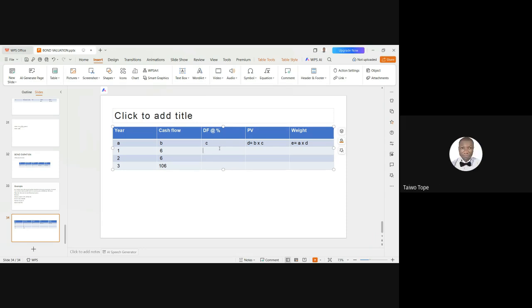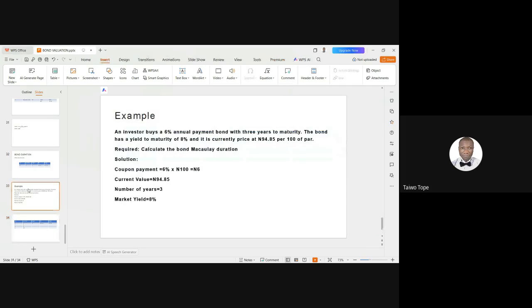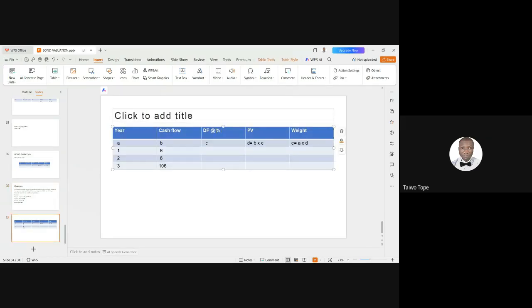Now, what will be your discount factor? I explained it not long ago. The discount factor will be the yield to maturity, which is 8%.